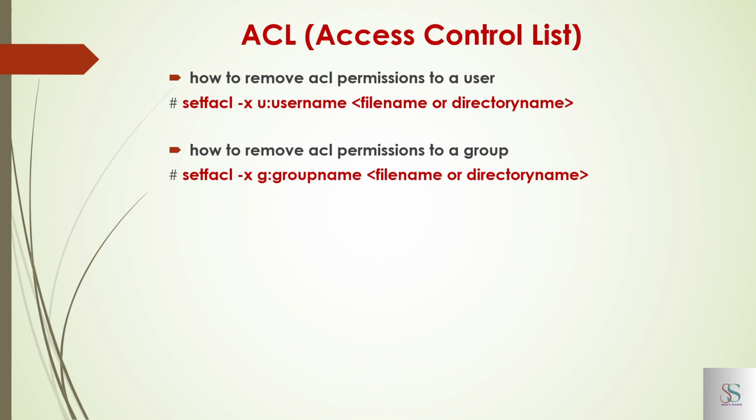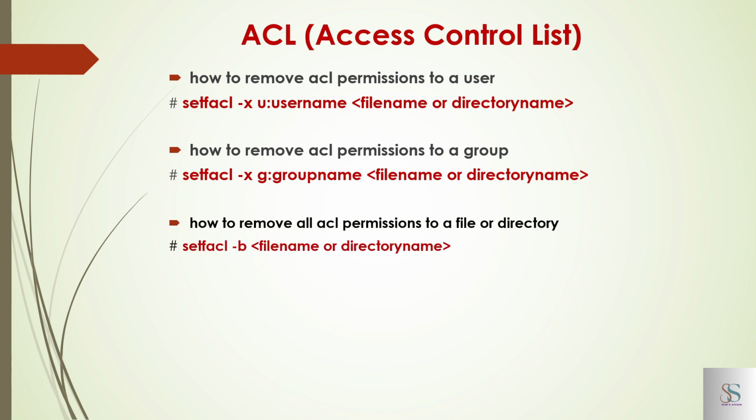It will remove the permissions. Then how to remove all ACL permissions on the particular file or directory: directly we can give setfacl -b, which removes all ACL permissions. These are the options: -m for modify, -x for delete.